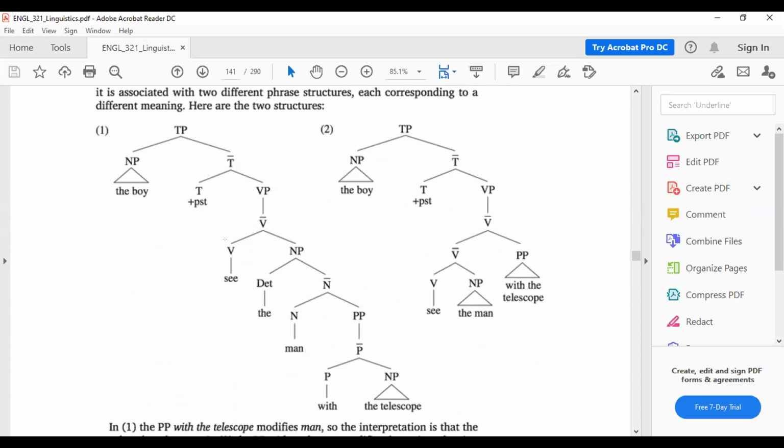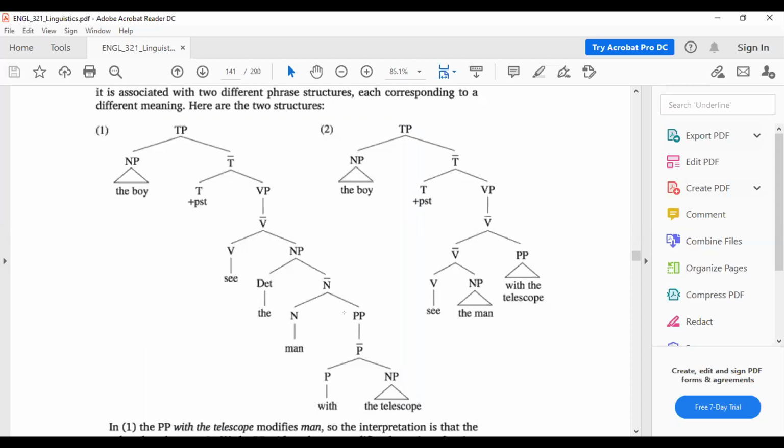And then we said we need two trees because either the boy saw the man by using the telescope, or the boy saw the man, and the man had the telescope.